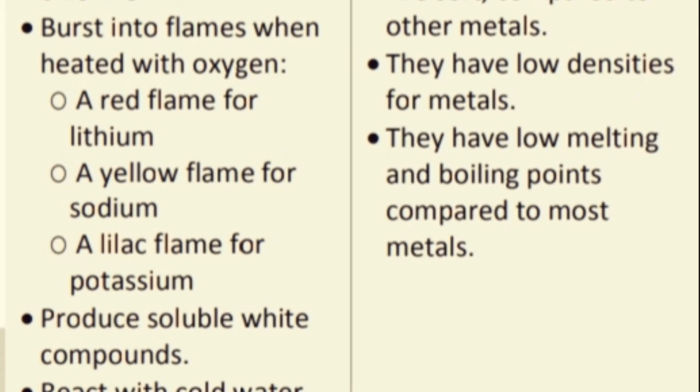They are soft metals, but good conductors of heat and electricity. Also, these metals have low melting and boiling points compared to other metals such as iron, gold, silver, aluminium.